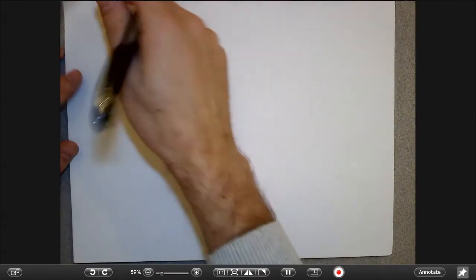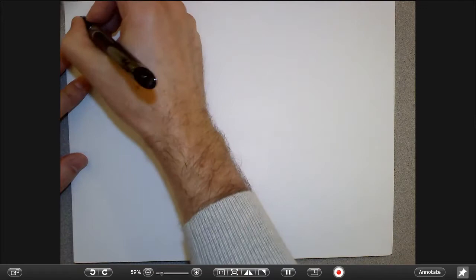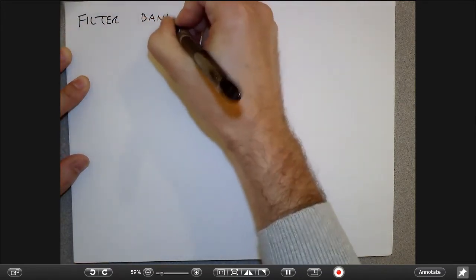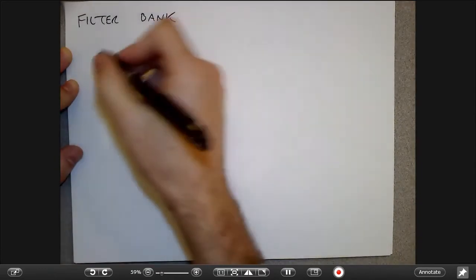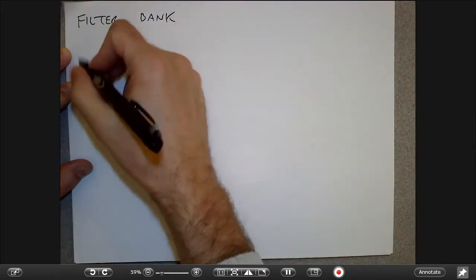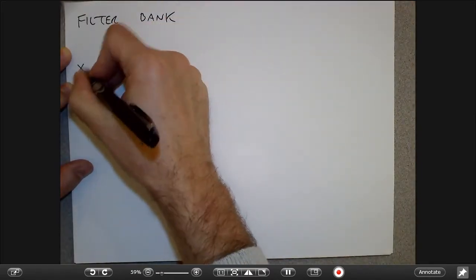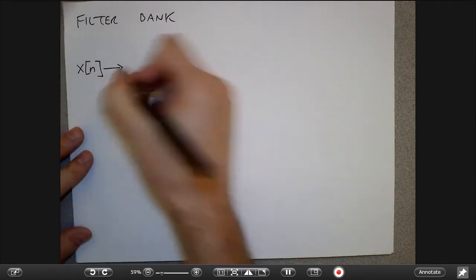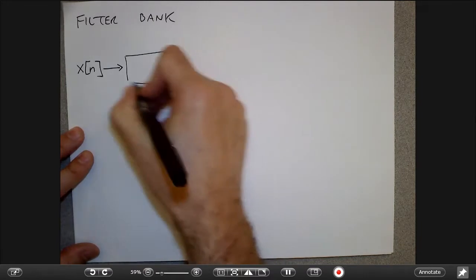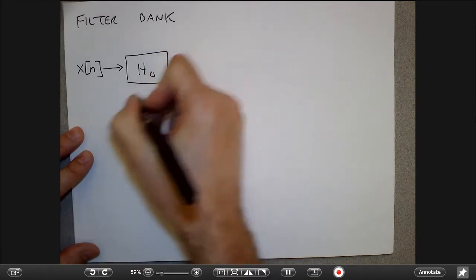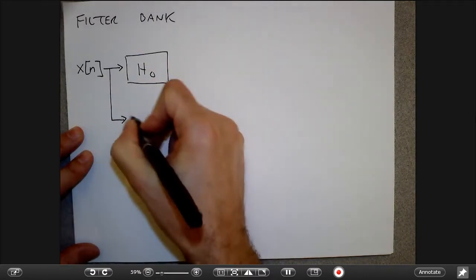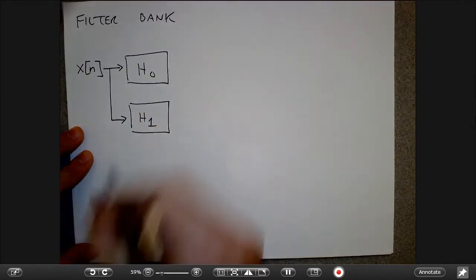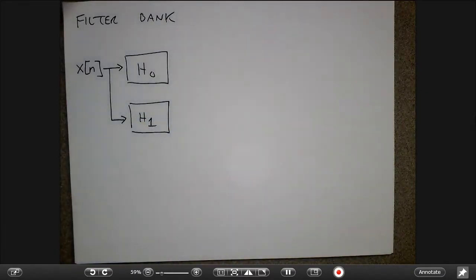And so the way that I would analyze and talk about such a system is with a filter bank. And so here's an example of a simple 2-channel filter bank. And actually, I'm going to talk about a very particular kind of thing, which is called a perfect reconstruction filter bank. So the idea is that I have a signal that comes in here. I pass it through a filter here, and I pass it through a filter here. So again, here I've switched over to discrete time, right?